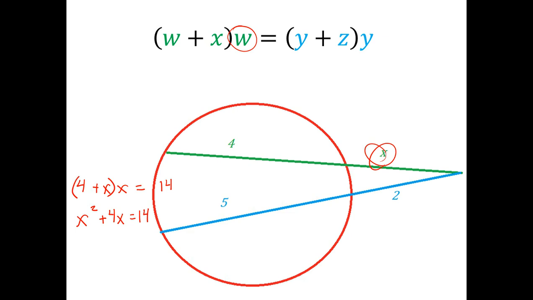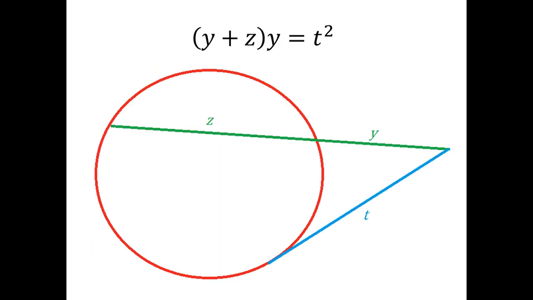So we'd end up with x squared plus 4x minus 14. Okay. And so then we'd use our quadratic formula. When we do, we end up with an answer of 2.2426, and so on. It's actually a radical that we end up getting. Okay, so you can take a second, use the quadratic formula, solve for your x, and see if you get the same answer that I have gotten.